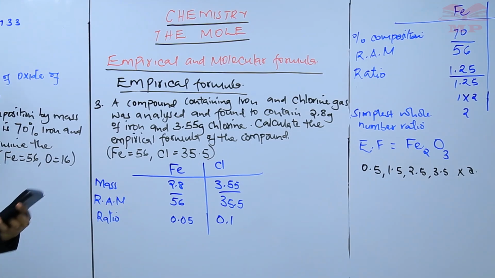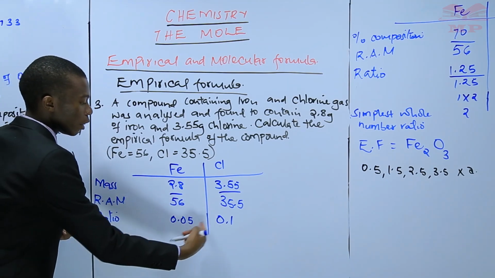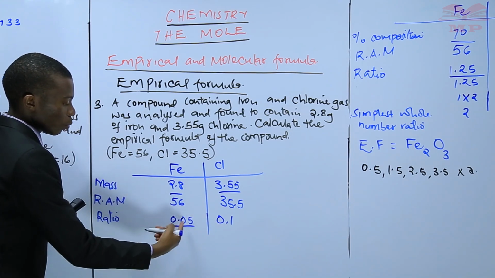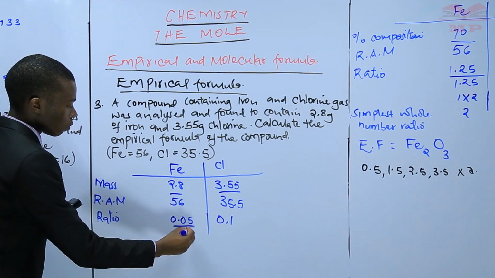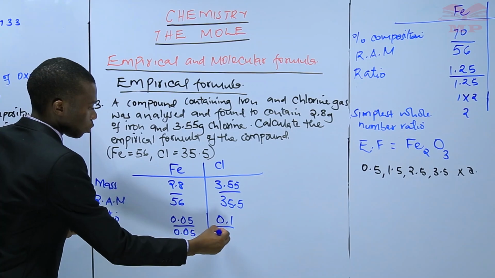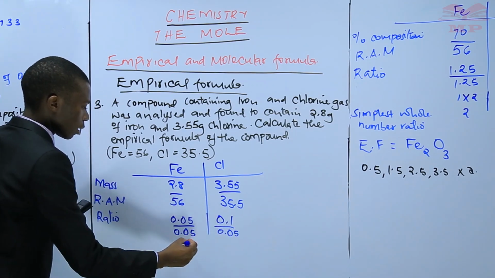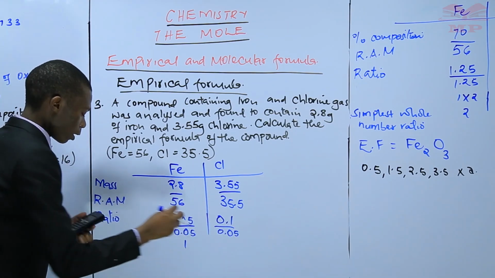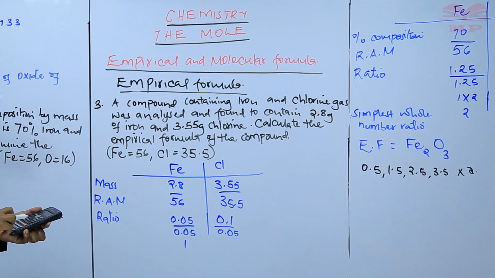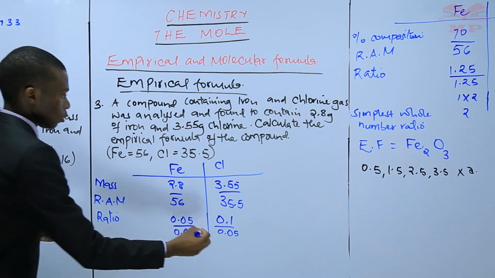Then once you reach that level, you divide by the smallest among the two. The smallest is 0.05, therefore 0.05 divided by 0.05 gets you 1. 0.1 divided by 0.05 gets you 2.